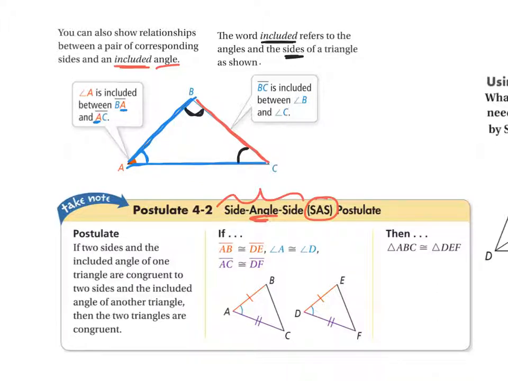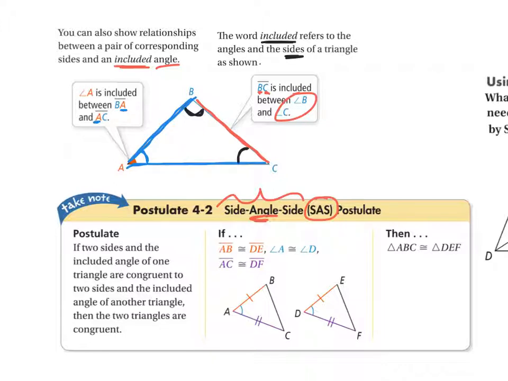Again, it's the side between these two angles, B and C. So the included side is talking about the side between two angles. The included angle is talking about the angle that is between two sides.